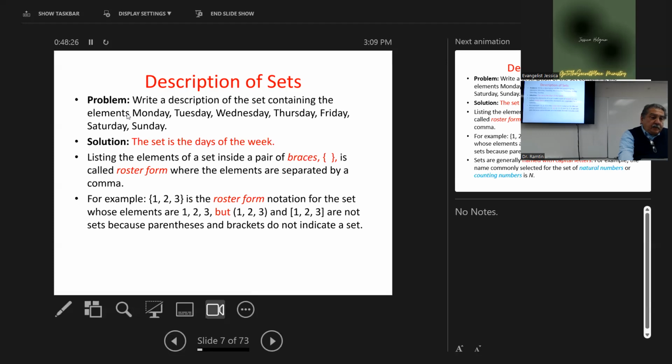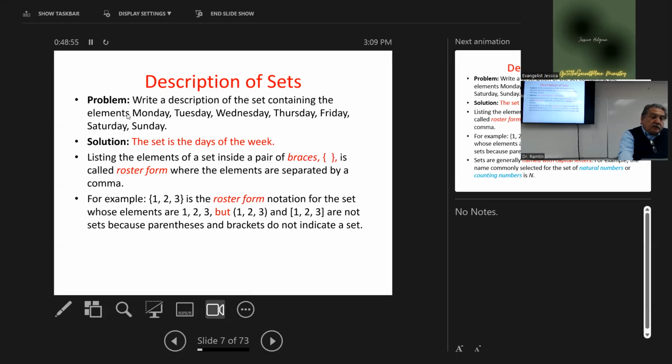For example, as you can see here, braces, and inside of it, 1, 2, 3. It's roster form. This is roster form notation for the set whose elements are 1, 2, and 3. But if you put parentheses, that's not roster form.